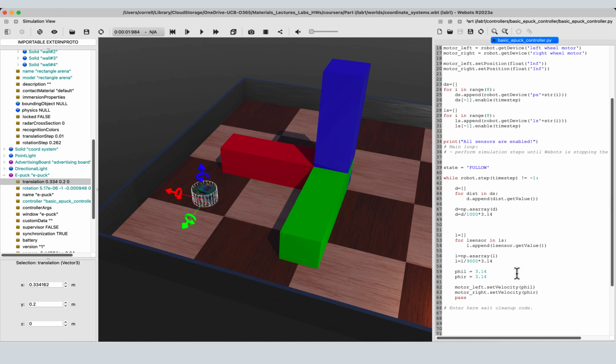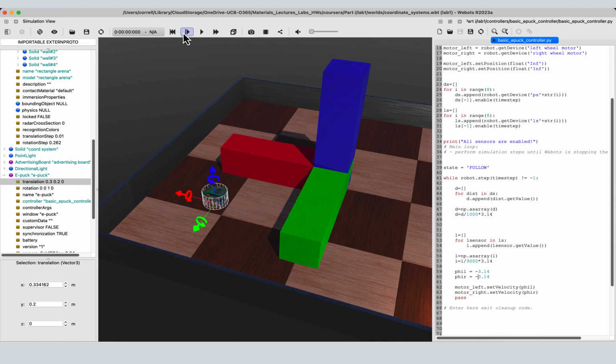Now we can also drive backwards by reversing the wheel speed, and this is not unexpected. The robot now drives along the negative x-axis. We say that this robot in this configuration has 1 degree of freedom because it only can control the x-axis translation.